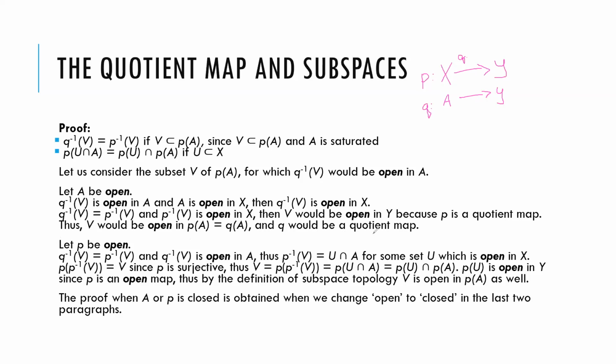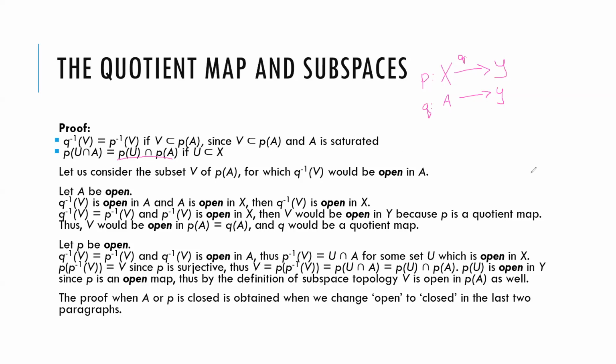So V would equal P of P inverse of V, which would equal P of the intersection of U and A, which would equal the intersection of P of U and P of A. P of U is open in Y since P is an open map.